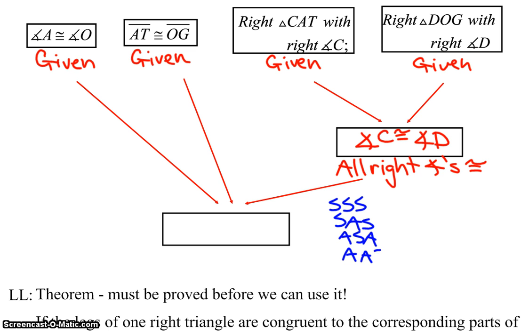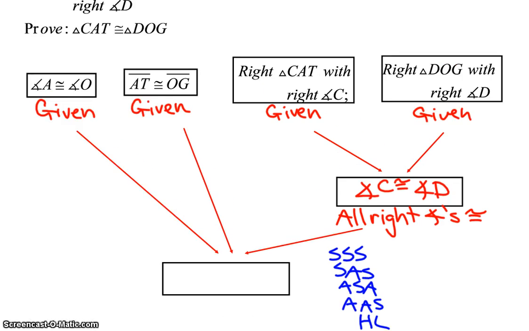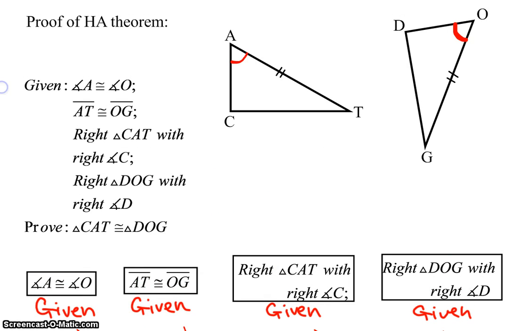So now that I know which angles are congruent, which parts are congruent, I go back and look at my diagram. We just stated, because of the right angles, that angle C was congruent to angle D. Now looking at this, what I see are two angles and a side, but the question is, is the side between the angles or not?